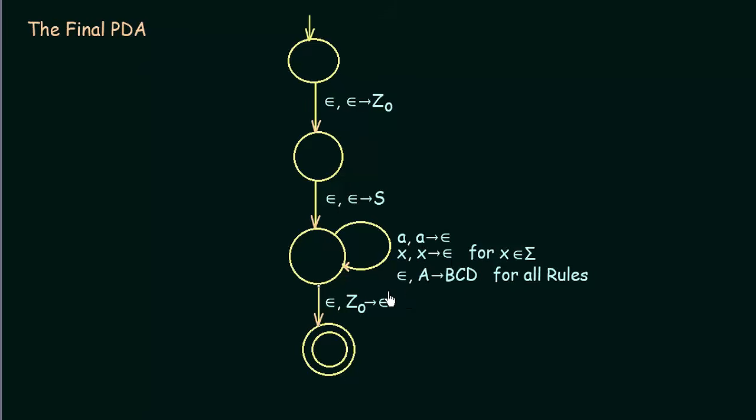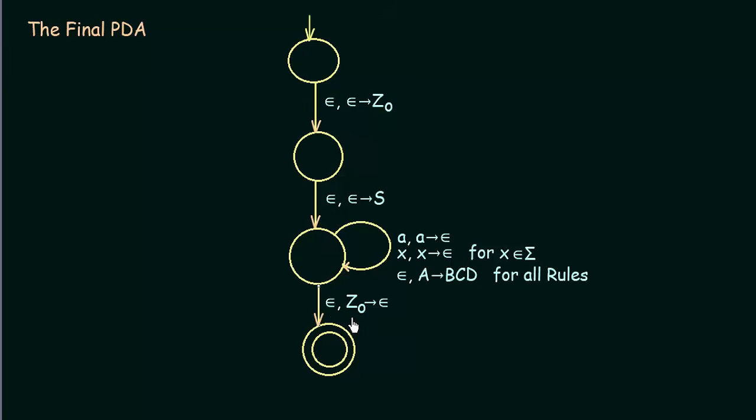So when you practically design it, this will not be one state, this will be many states. You have to design multiple states in order to do all this, but in order to make it simple and to accommodate all this, I have just drawn one state here showing all the different transitions. So after doing all this, we come to the final state when we encounter Z0 at the end of the stack.